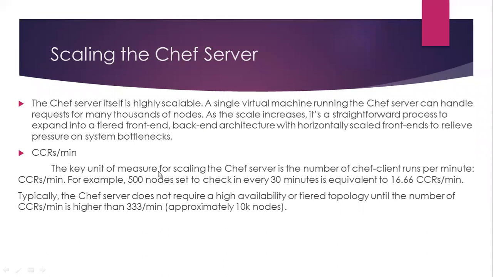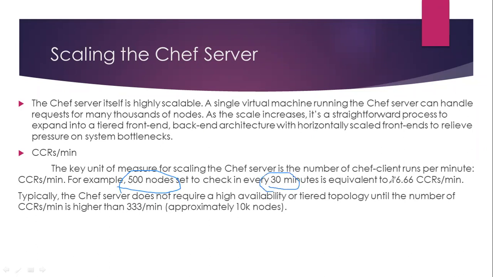What Chef actually says is there is a mechanism they are asking us to use. We call it CCR, Chef client runs per minute. Take an example that you have 500 servers in your company, so 500 nodes, and you configure the agent to run every 30 minutes.